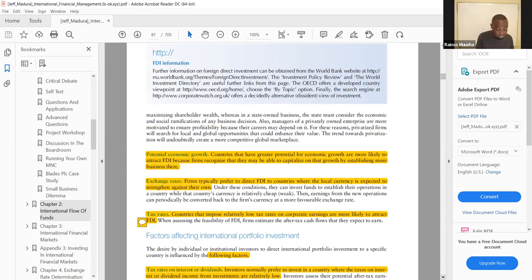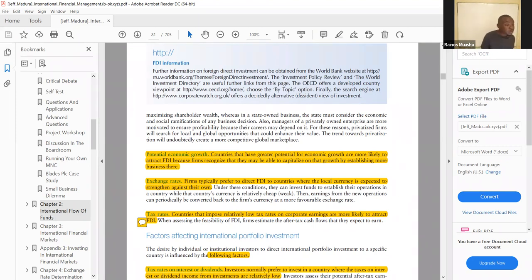Movements in exchange rates. Then there's also the issue of tax rates, where they say countries that impose relatively low tax rates on corporate earnings are more likely to attract foreign direct investment. That's why one of the things that Donald Trump did when he took over as president in the US was what?